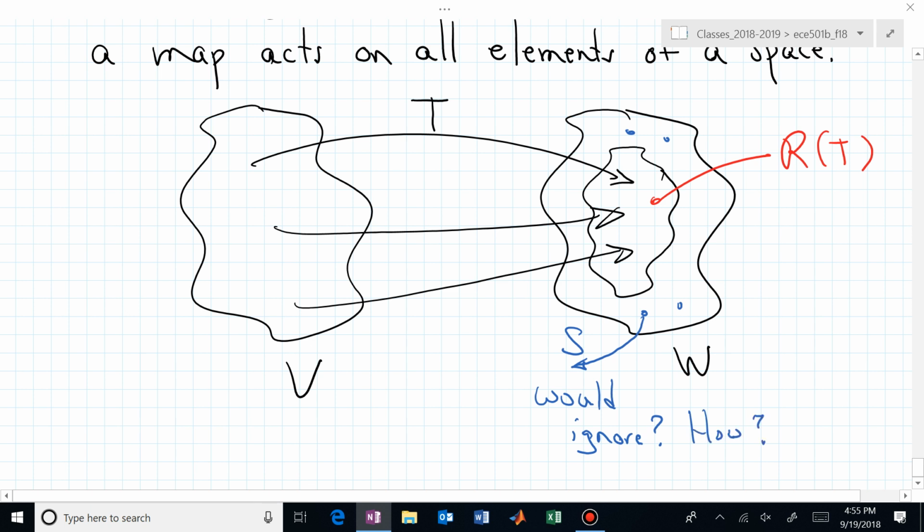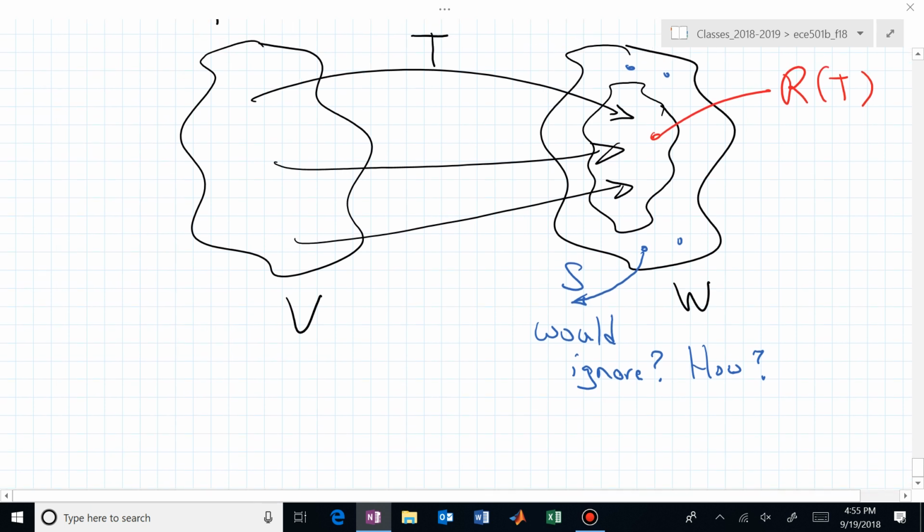So that's the argument for invertible maps having to be both injective and surjective. It doesn't make sense otherwise.